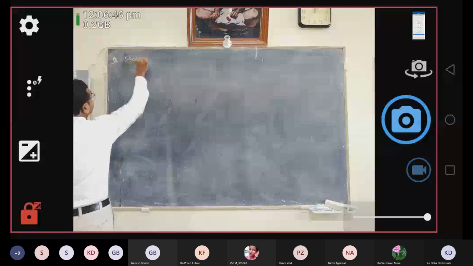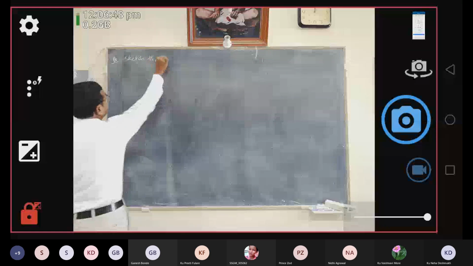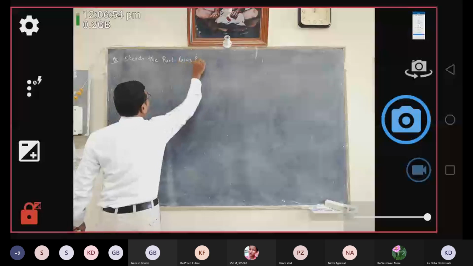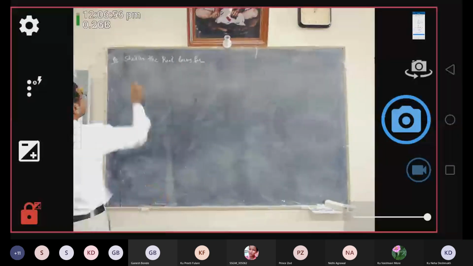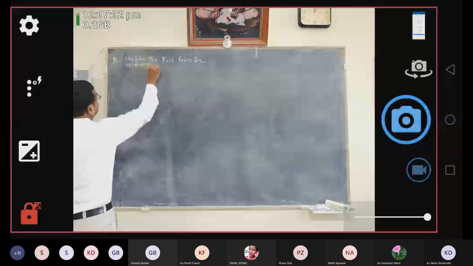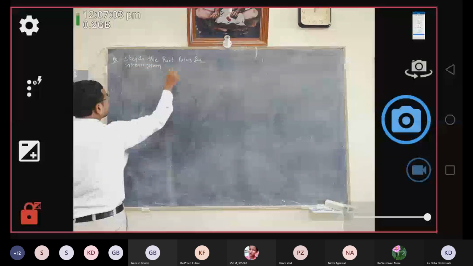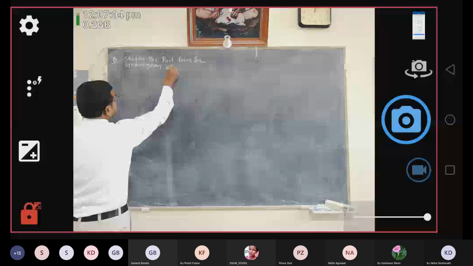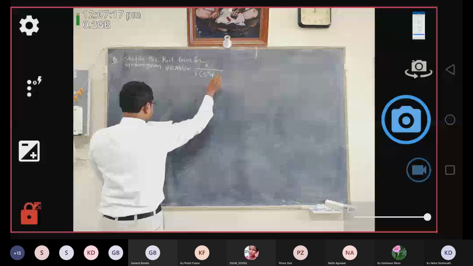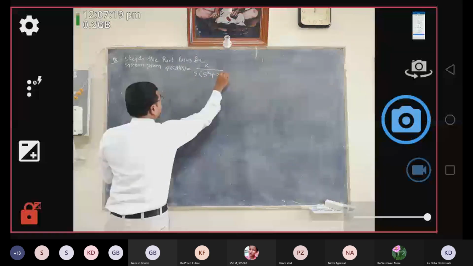Sketch the root locus for the system given, its G(s) H(s) will be given by K upon s into (s square plus 2s plus 2).